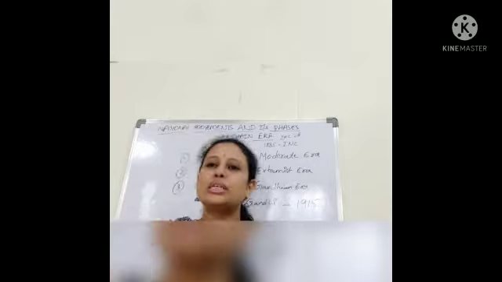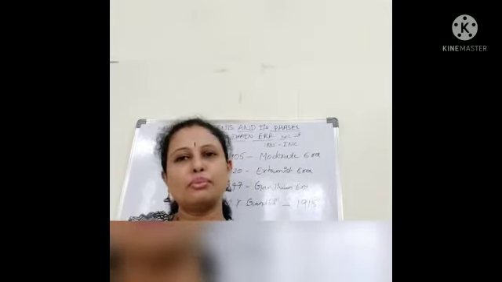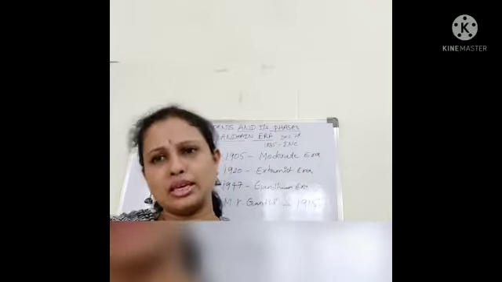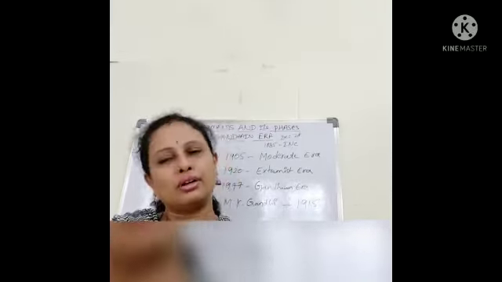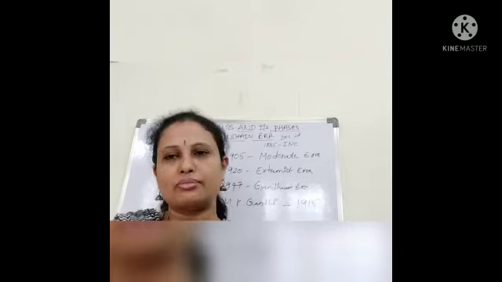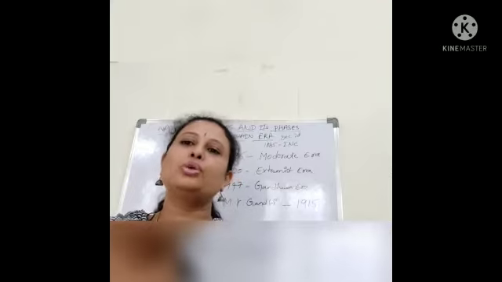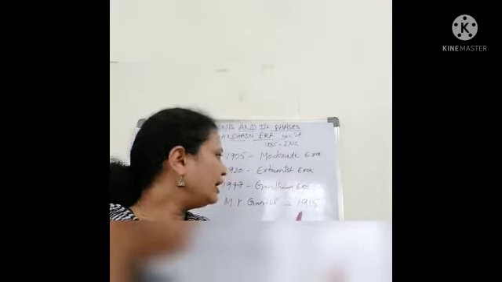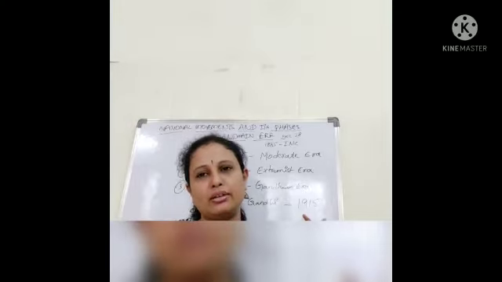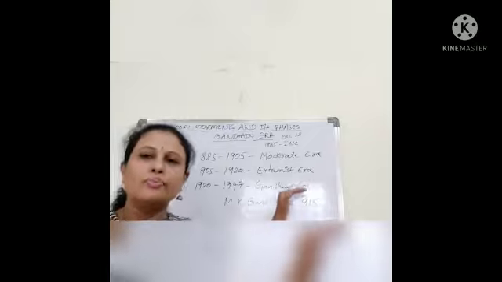From that time onwards, he participated in all national movements. Before that, where was he? He was in South Africa. He was fighting there in support of the Indian people who were suffering in South Africa. But in 1915 he came to India. That's the reason we call this era the Gandhian era.